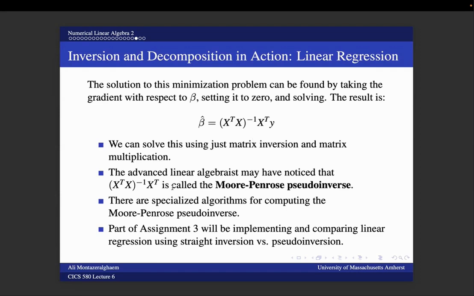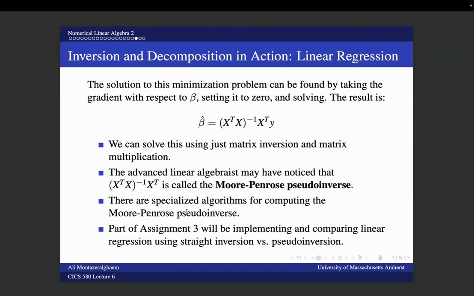You can find the solution for this part of the formula, x transpose x inverse times x transpose, and this is called the Moore-Penrose pseudo inverse, and there are some algorithms to compute this part of beta hat.